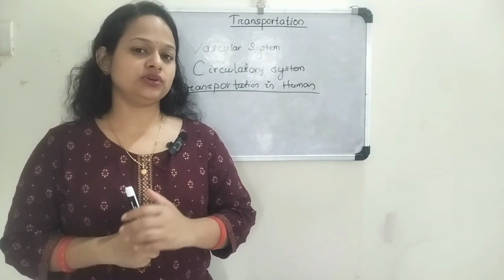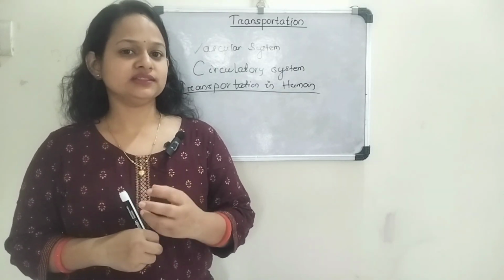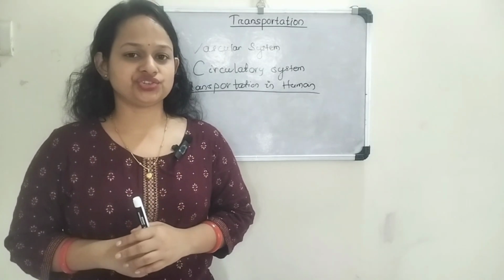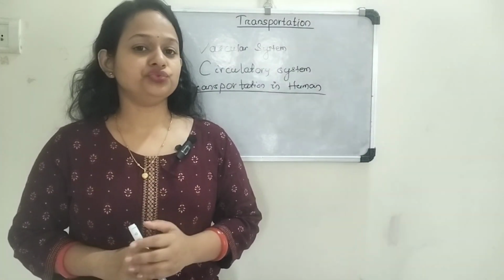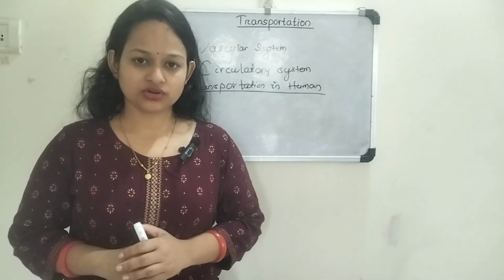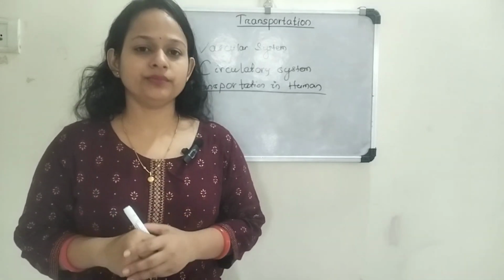For this circulatory system, the human body needs an organ, that is the heart. Through this circulatory system, nutrients, hormones, oxygen and waste products are carried throughout the body.